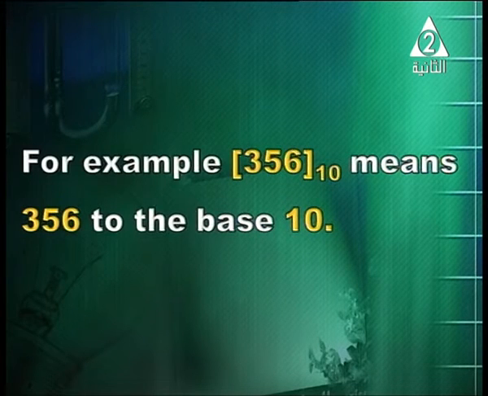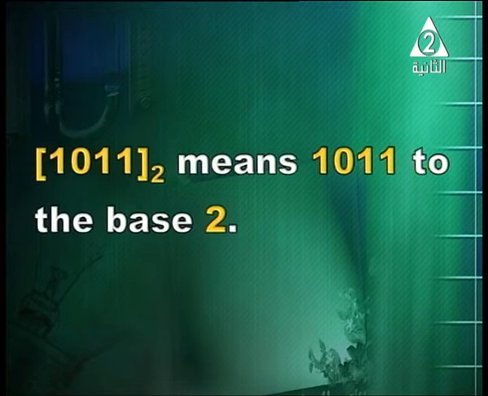For example, between two brackets, 356 with base 10 means it is decimal. 1011 with base 2 means that it is a binary number.